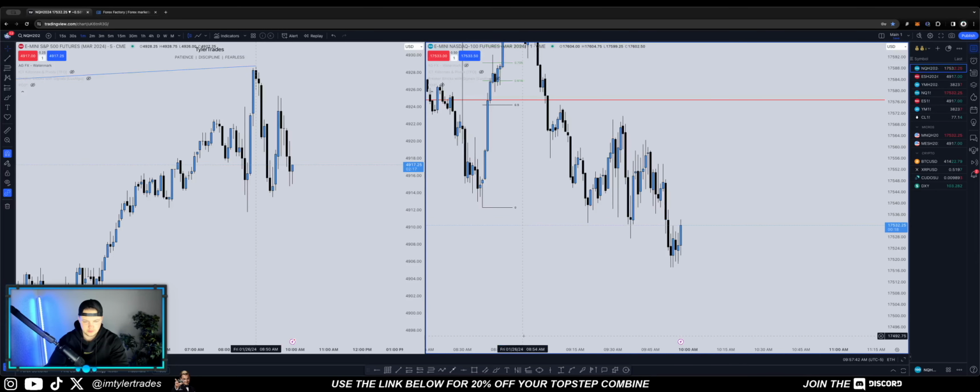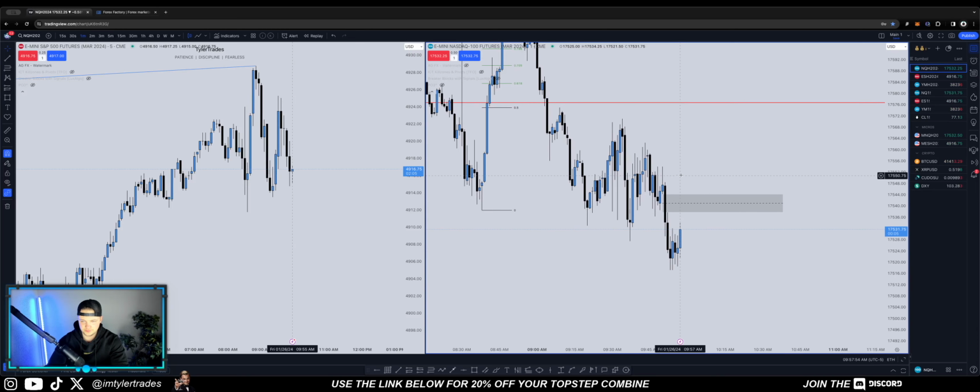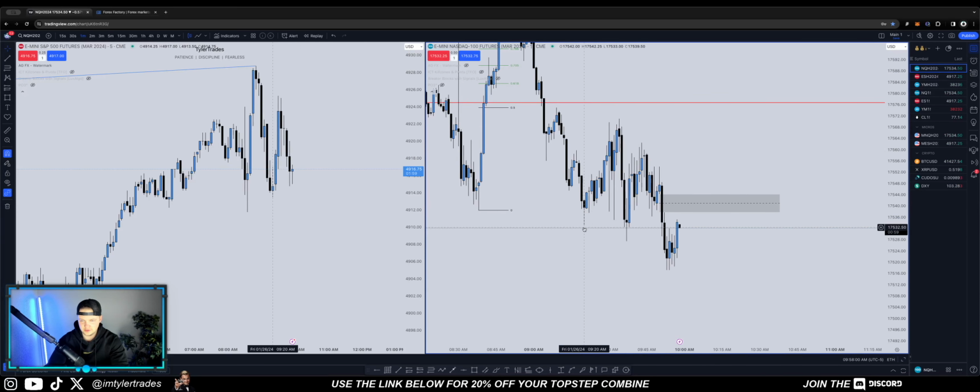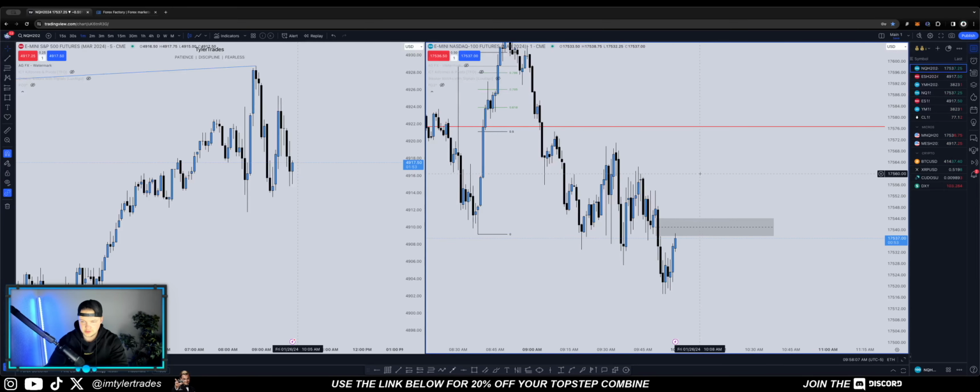So kind of interested to see how we treat this right here. If we can trade back above that, this would kind of be looking just like yesterday, where one last displacement leg down to manipulate. Got a little 3 drive pattern here, 1, 2, 3, and then basically looking to inverse this.